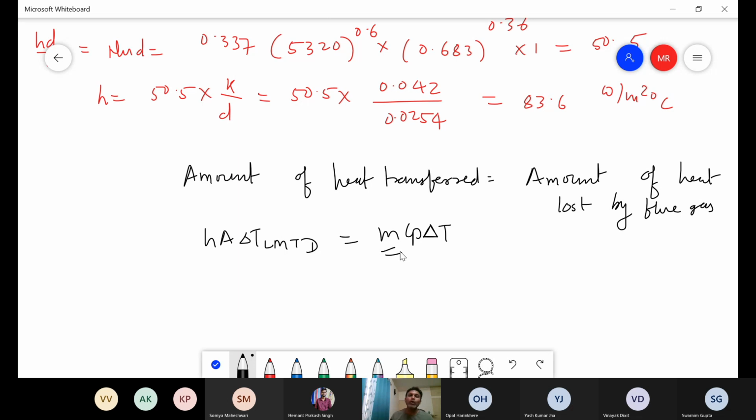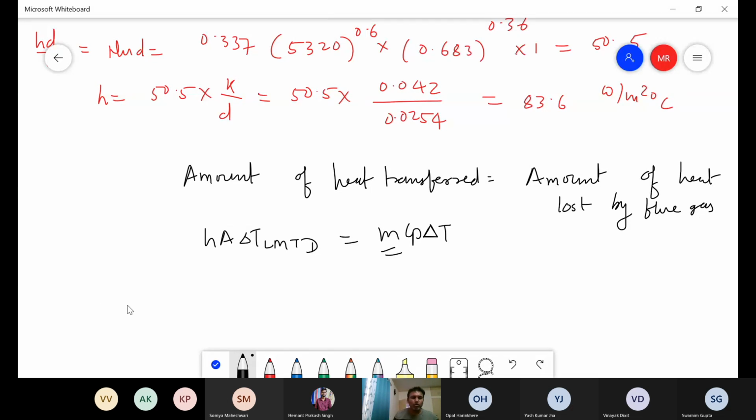Now in this particular balance, this m we don't know right now, but we can calculate it because the velocity is given. We can find out the cross sectional area for the flow, and that cross sectional area into velocity gives the volumetric flow rate. Volumetric flow rate multiplied by density gives the mass flow rate. And the mass flow rate we can multiply here to find out how much heat is lost by the flue gas.